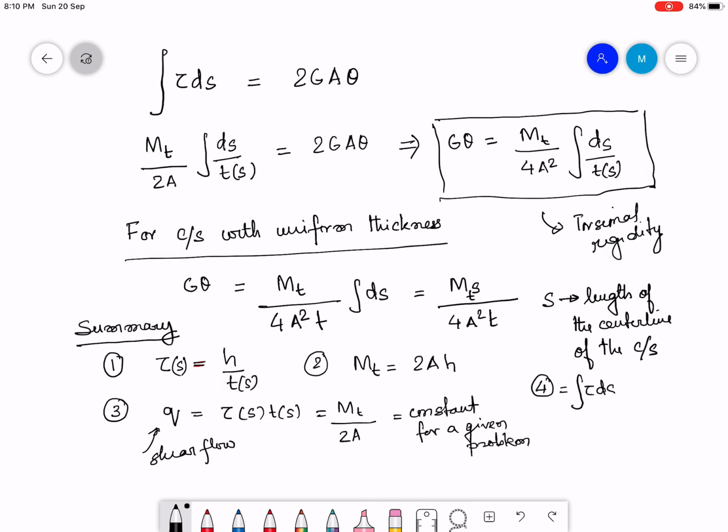The fourth one is the Bredt-Batho theorem, which is the integral of tau ds equal to 2GA theta.